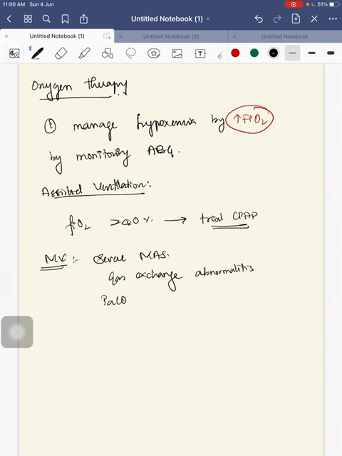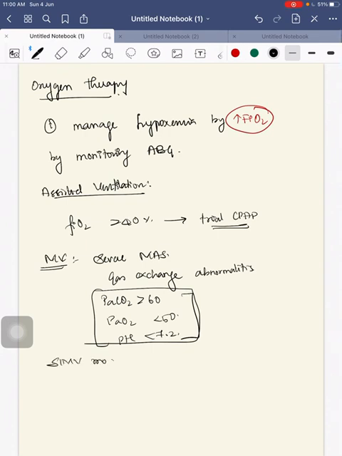That is, when the child has PaCO2 of more than 60 and PaO2 of less than 50, or pH less than 7.2, with FiO2 of more than 40% or more than 60%, then you use mechanical ventilation for this child.